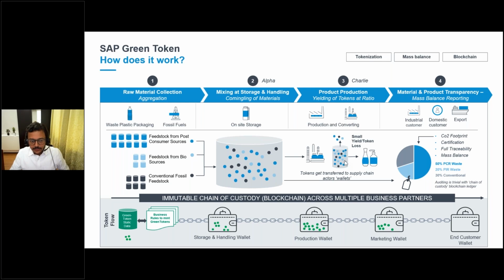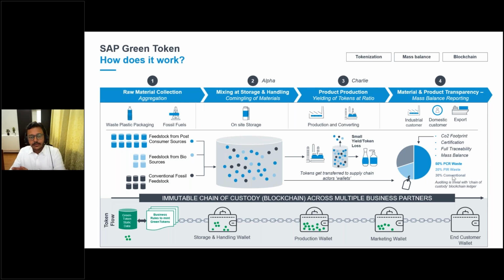And this is where Green Token can really help us, where the tokens are linked to each and every quantity of the material. Even when you put them through different production processes, the tokens get converted from, let's say, a raw material token to a finished good token. And here you could also model any wastage or yield loss that happens during the production process.